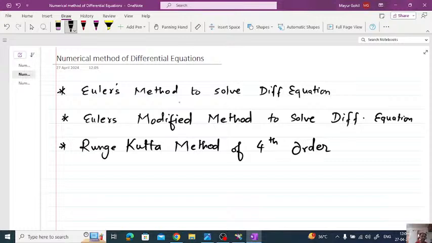And then there is one more method which can be the Taylor series method. We will see this Taylor series method, but this can be kept as optional also. If at all it is asked, then we can go into detail about it. But as you see, there are these four methods.